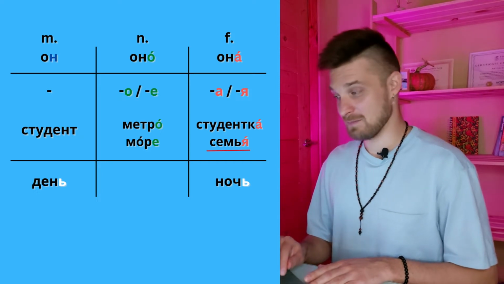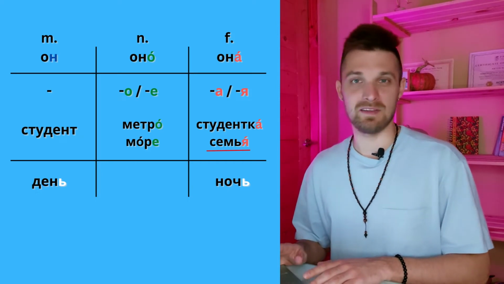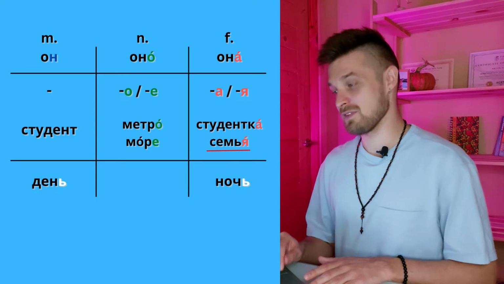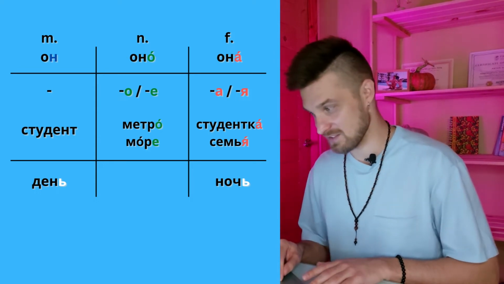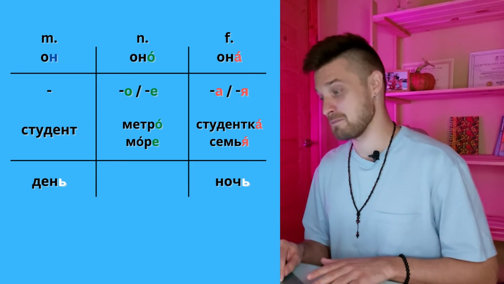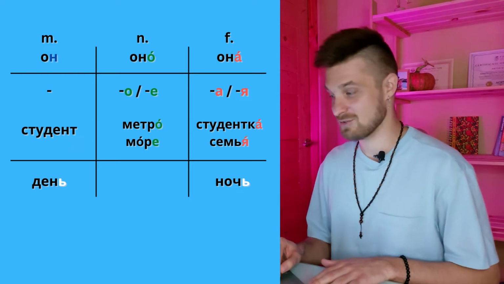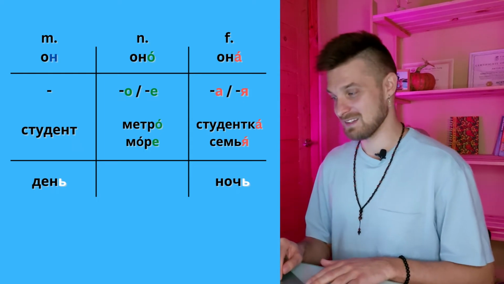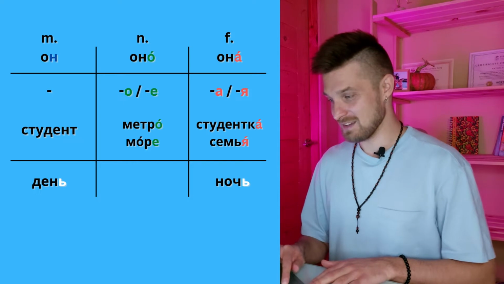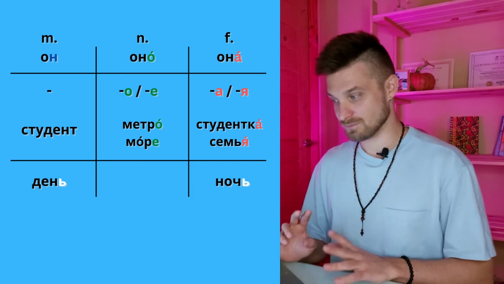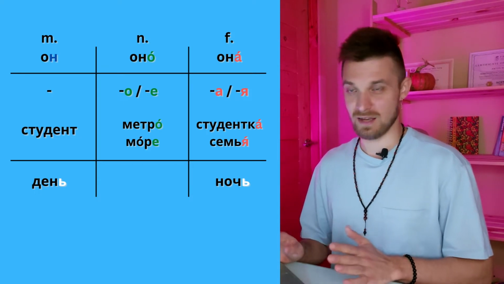Семья means family. Actually, maybe it will be an easier way to remember this word. Ya, like this letter ya means I, and семь means 7 in Russian. So 7I means family. Use it to remember. Okay, is that clear? I hope so.